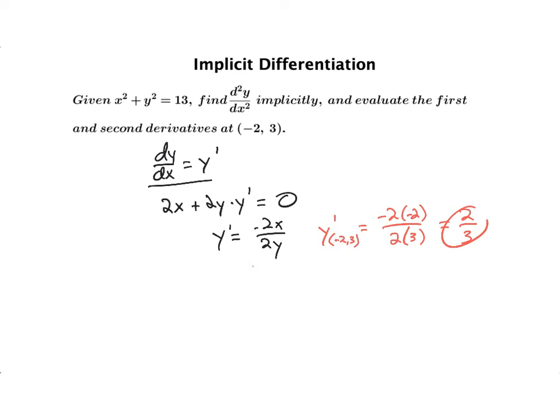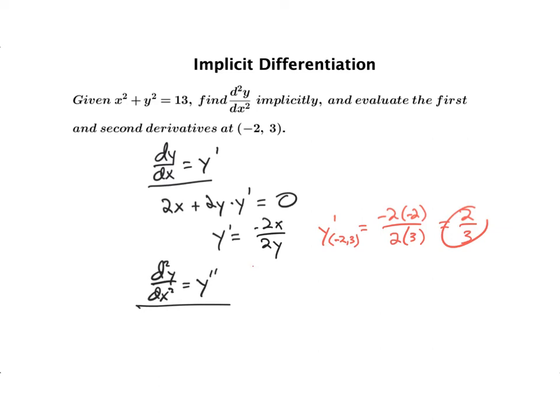Now let's find our second derivative, which we can also call y double prime. Now our second derivative is going to be the derivative of the first derivative, and we have a quotient here. Our first derivative is a quotient, so we're going to be using the quotient rule.